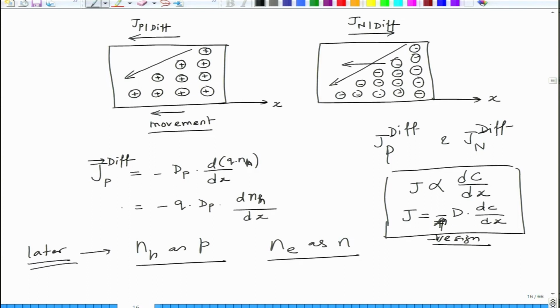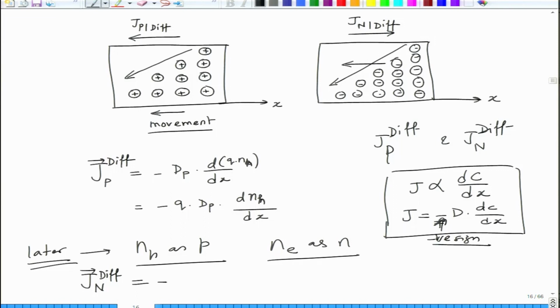So, this is the diffusion current for holes. J diff is equal to minus q Dp dnh over dx. Similarly, Jn diff: since Jn diff is in the opposite direction to the concentration gradient, that is the flux of carriers, the sign is opposite.